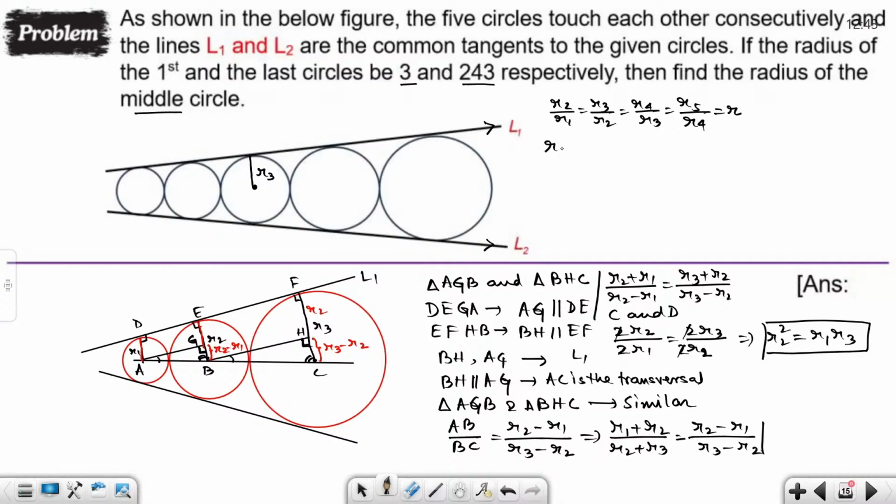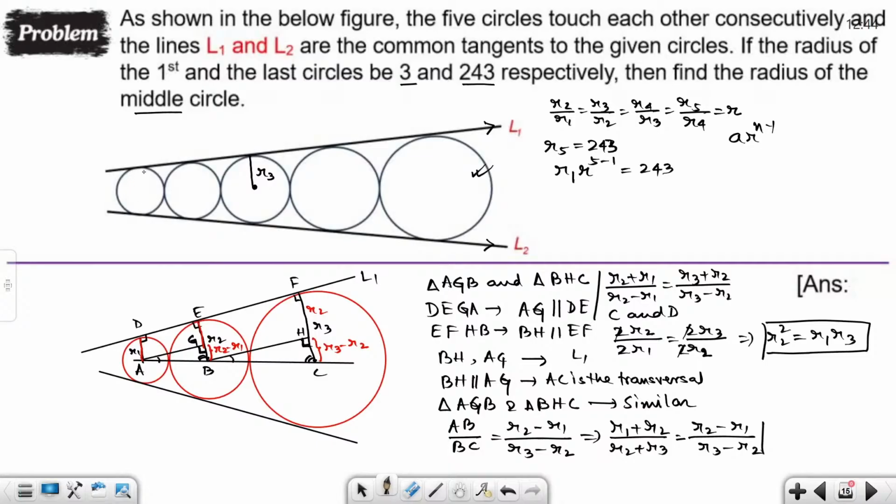The last circle, whose radius is given as 243, that is R5 is 243. So we can write this as R1 into R to the power 5 minus 1 is 243, because the last term in GP is calculated as A R to the power n minus 1. A is the first term.